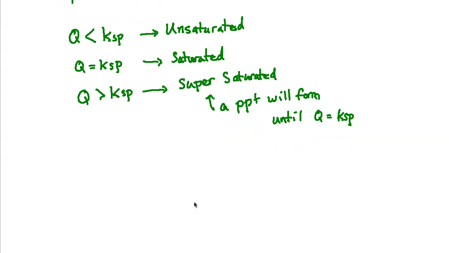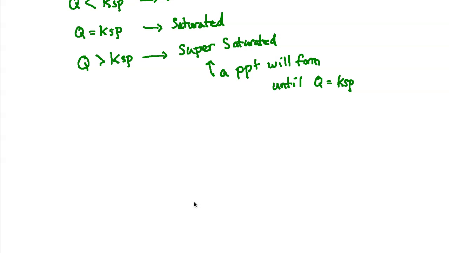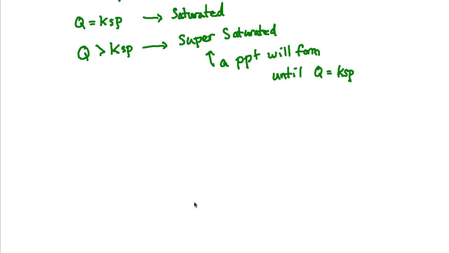Now, there are other ways, specifically two other ways that we can typically look at solubility, and that is just general solubility itself. And when I say general solubility, we're talking about the grams per liter of saturated solution.